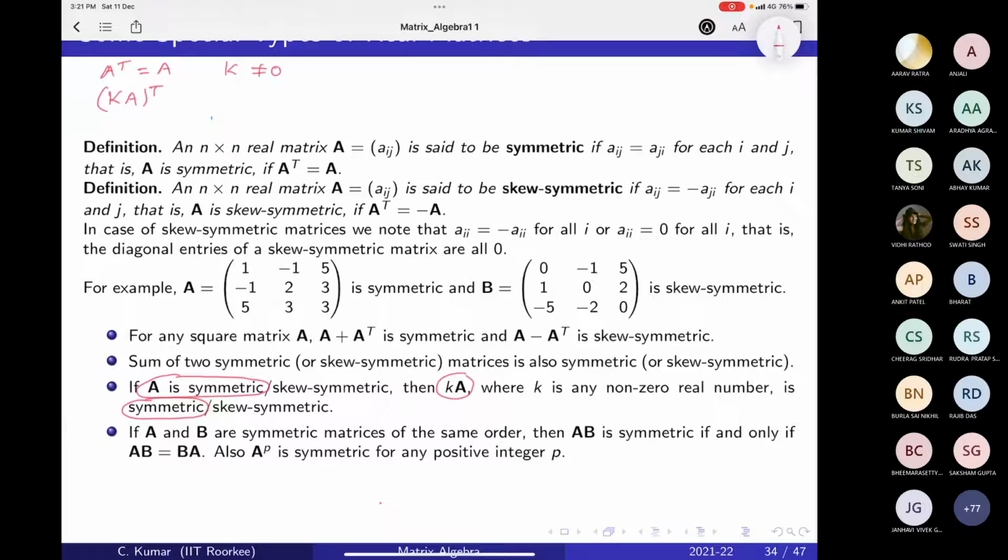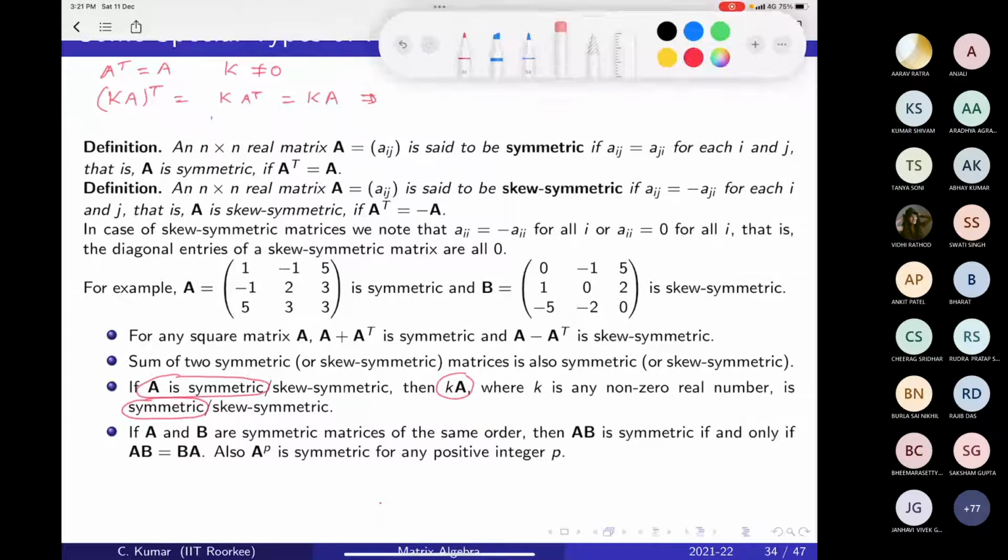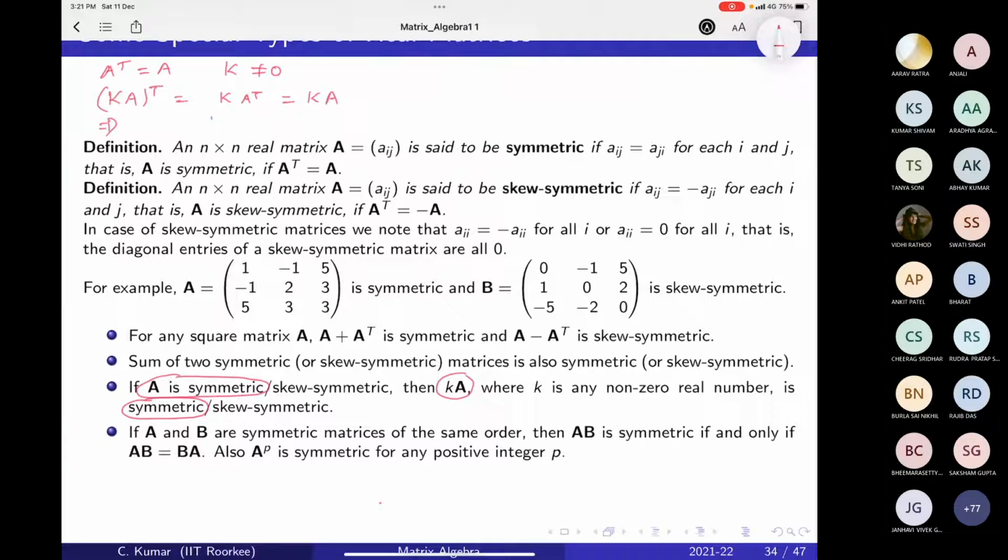So the transpose of K A will be equal to K A transpose, but A transpose is A because A is a symmetric matrix, so we can write this as K A. So from here we can conclude that K A is a symmetric matrix.